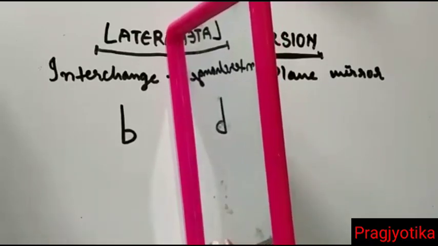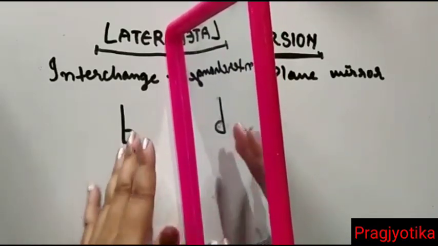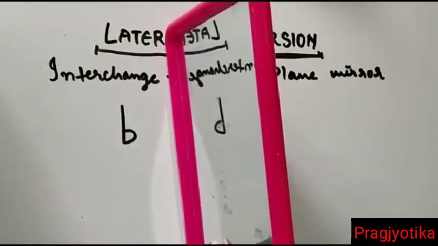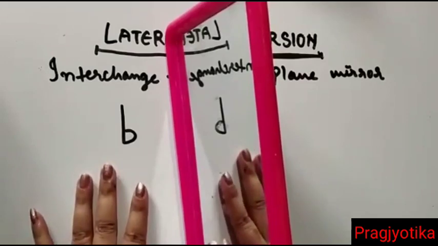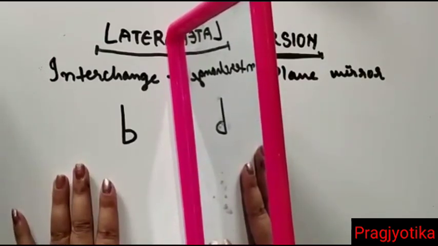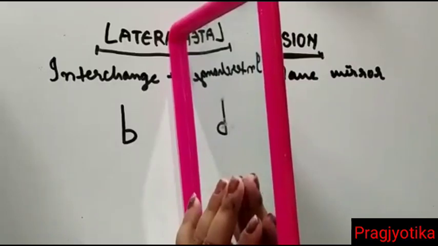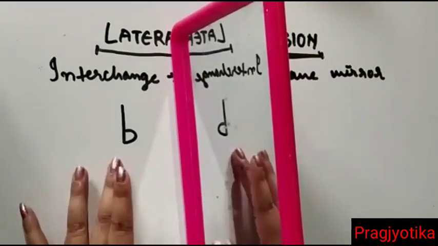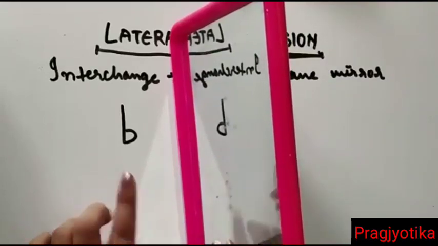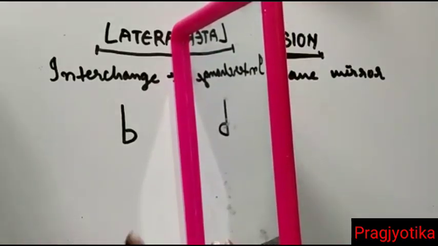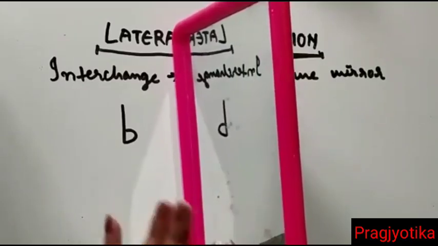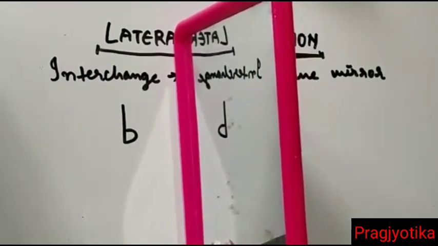I hope you have understood this concept. Lateral inversion means the effect in which the left hand side of an object appears right in the plane mirror and the right side appears left. The interchange of the sides of an object in the plane mirror is called lateral inversion.